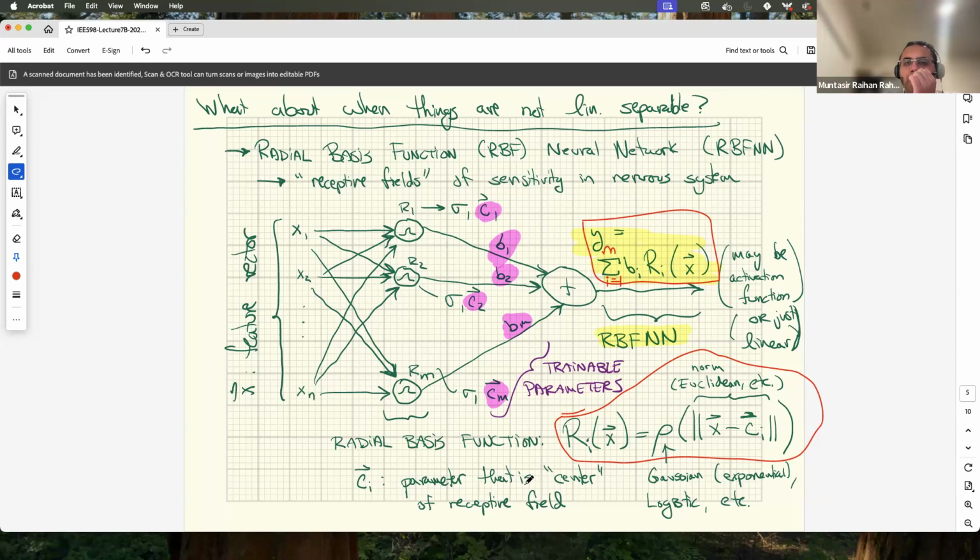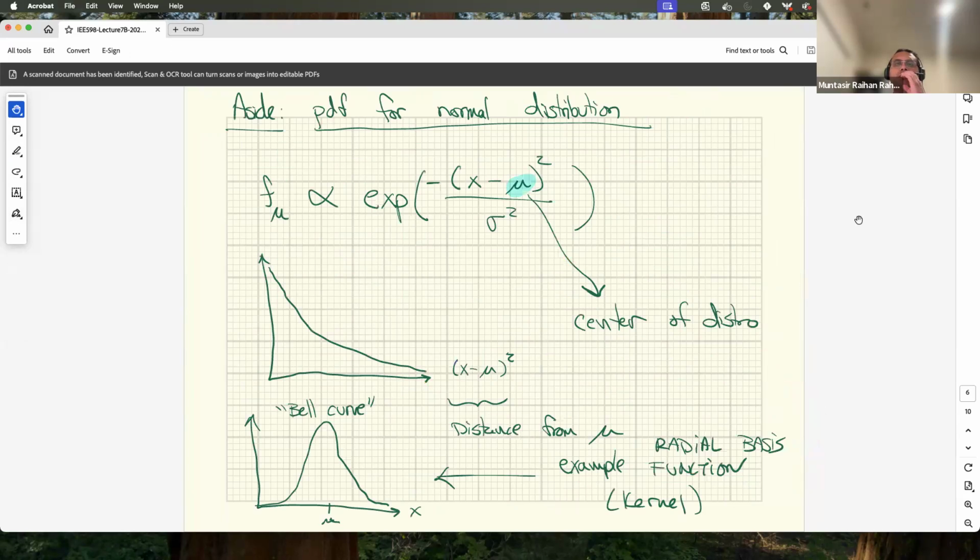Okay, so CI is a parameter that is, in some sense, the center of a particular receptive field, and it fires when your input is close to that cluster of points, right? Okay, so let's see. I think we'll make it a bit clearer if we go to the next slide.